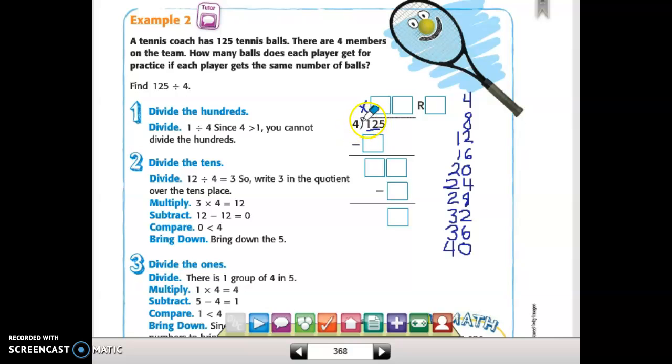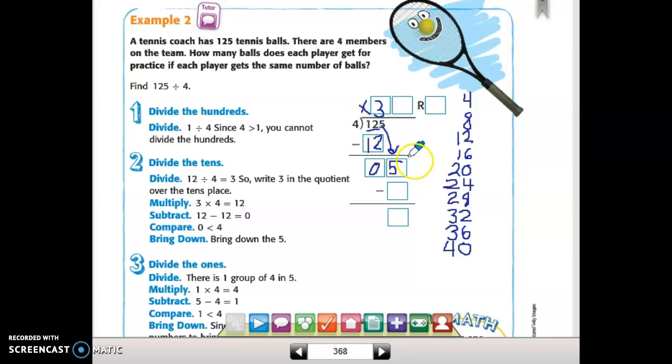So now how many groups of 4 can I get into 12 tens? 1, 2, 3. Hey, there's 12. So that's perfect. It's 3. 3 times 4 is 12. Why they only gave you one box for a 2-digit problem, I do not know. Then we're going to bring down the 5.